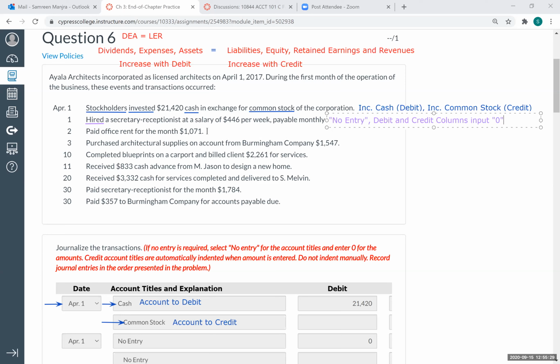In the next transaction, on April 2nd, the company paid office rent for the month. And because I see the word paid, that means that money is coming out of my bank account. There is going to be a decrease in cash. And the reason for that decrease in cash is for rent expense.